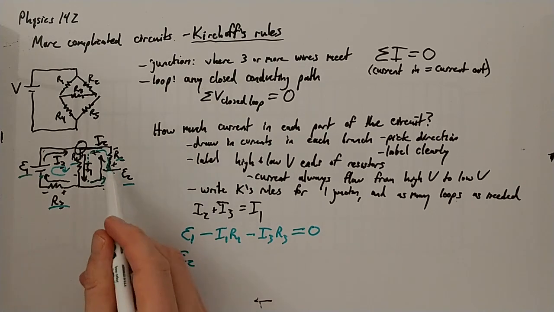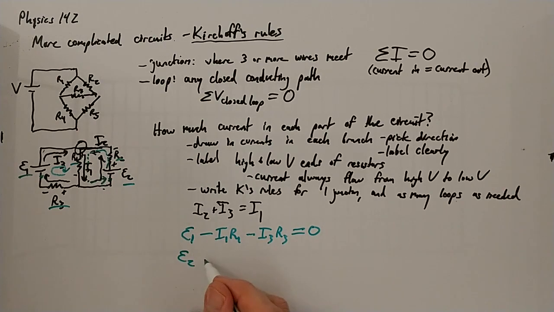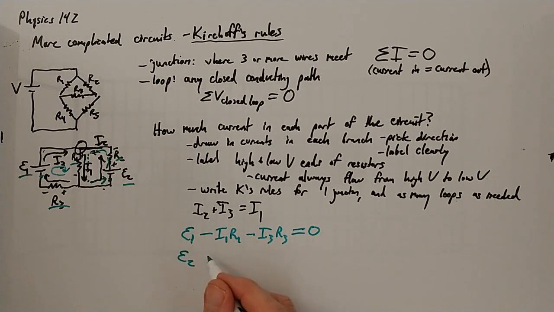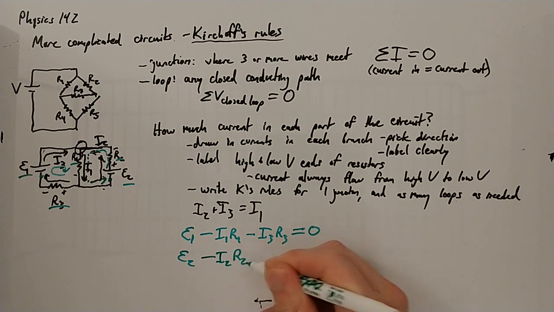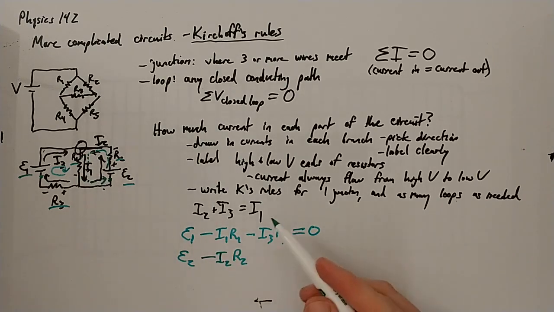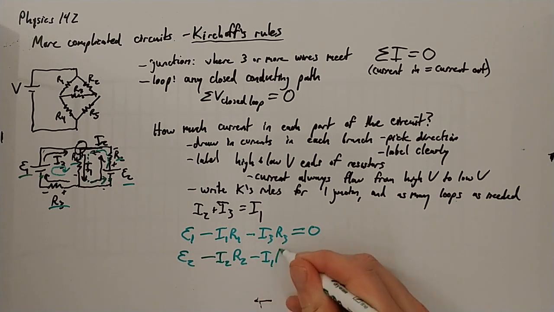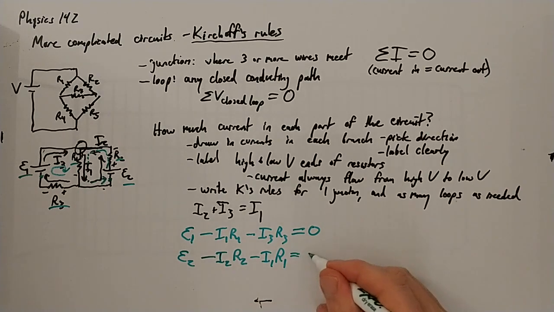Now here I'm going from positive to negative. Across a resistor, when you go from positive to negative, you lose potential. And how much will I lose? I'll lose I2 times R2. And then here, I'm going from positive to negative again, so I lose potential, I1 times R1 worth of potential. And then I get back to where I started, that's 0.